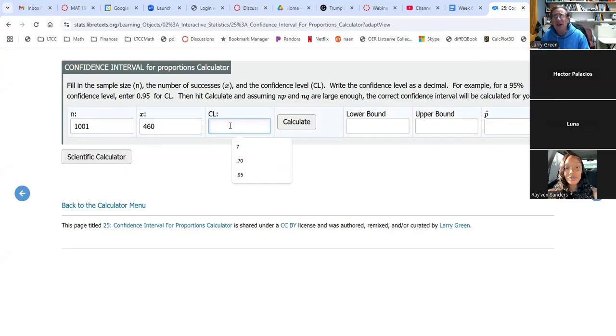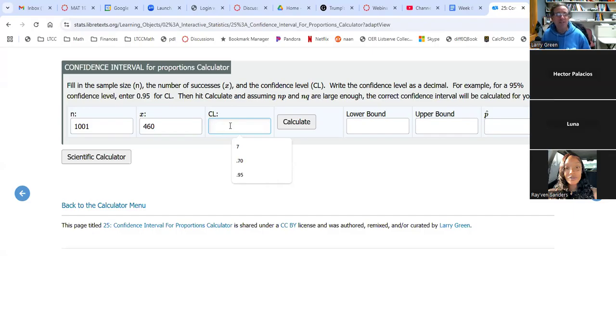Just to let you know, in our class, we're going to use 90%, 95%, and 99%. Those are kind of the three most standard percents that people use for the confidence level. So 95% will be standard. If you need to be more confident, then you should use 99%.